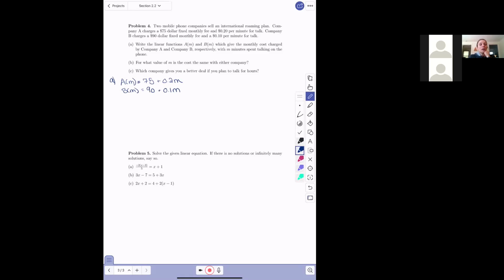Question B, for which value M is the cost the same with either company? So we're trying to figure out, if you talk on the phone for how many minutes is the cost of each company equal?